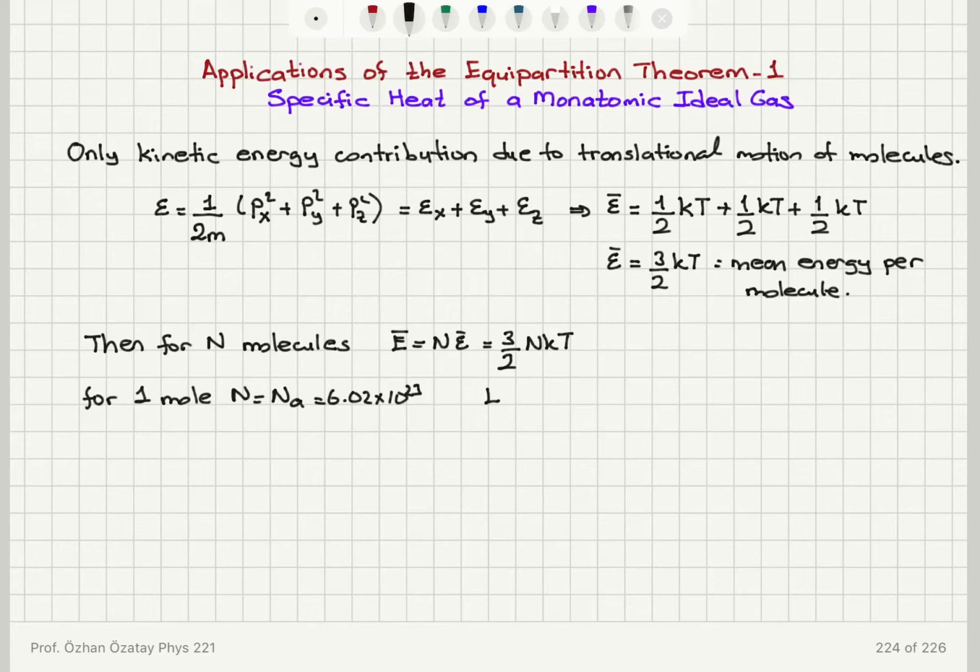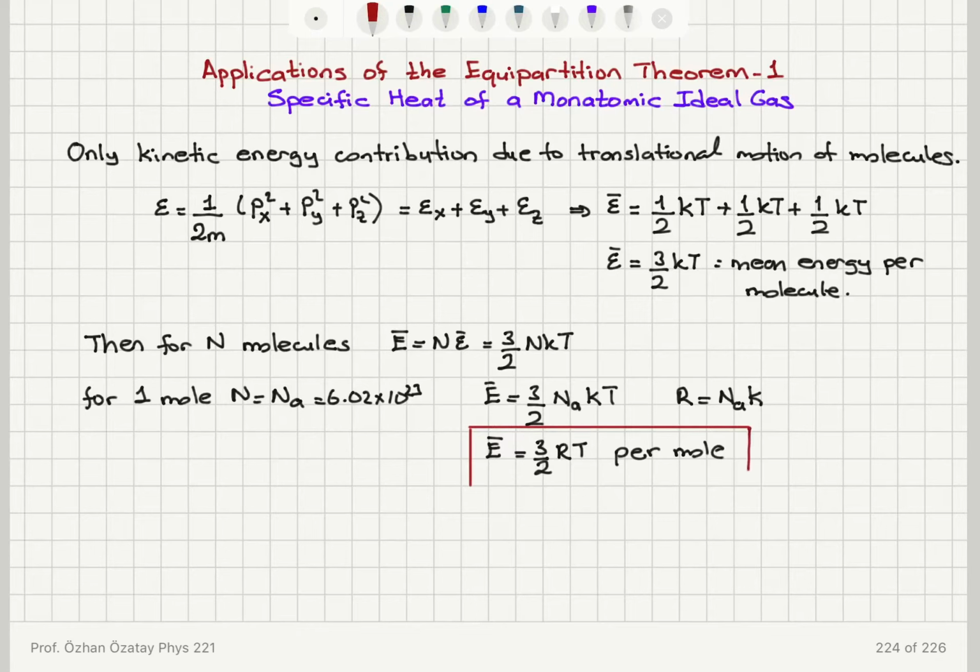Then the mean energy is 3 over 2 Avogadro's number times kT. But since the universal gas constant R is equal to Avogadro's number times the Boltzmann constant k, we can write the total mean energy as 3 over 2 RT for 1 mole. So this is the mean energy per mole, 3 over 2 RT.